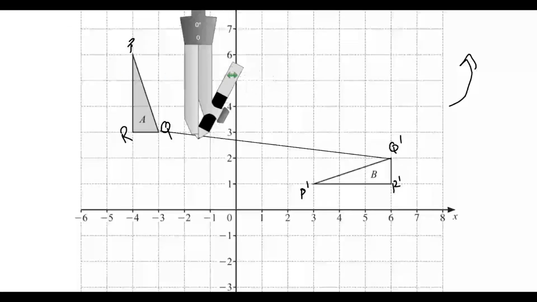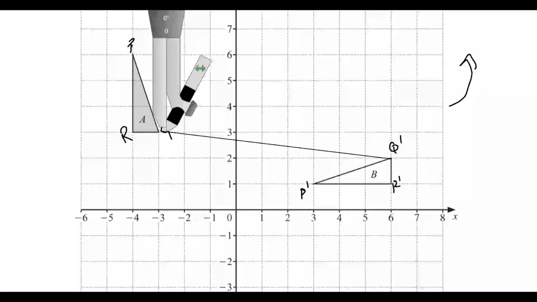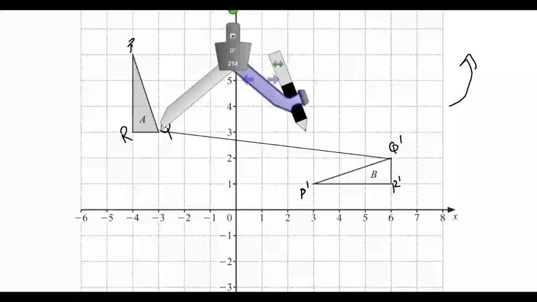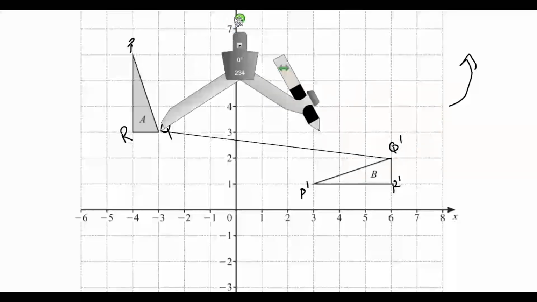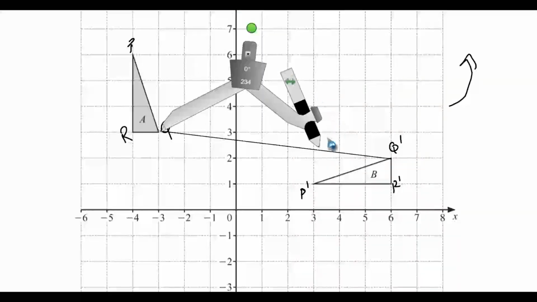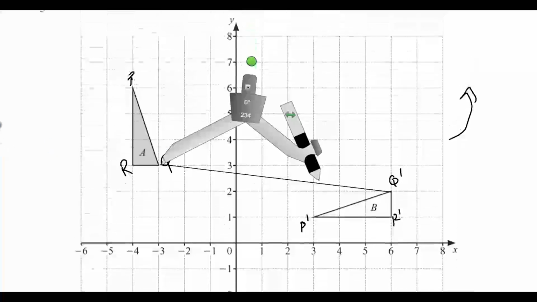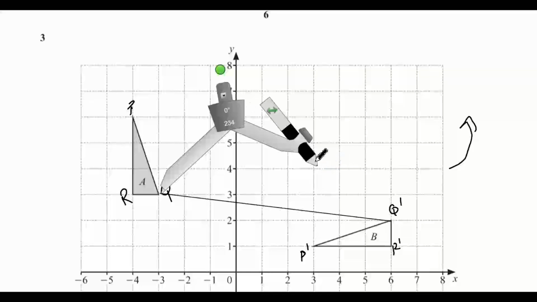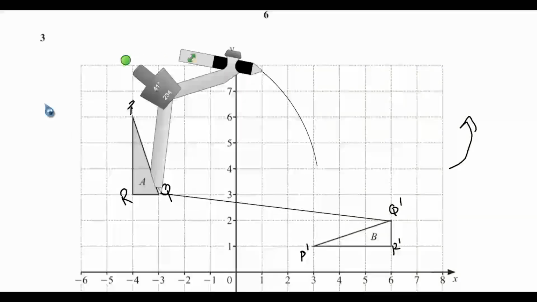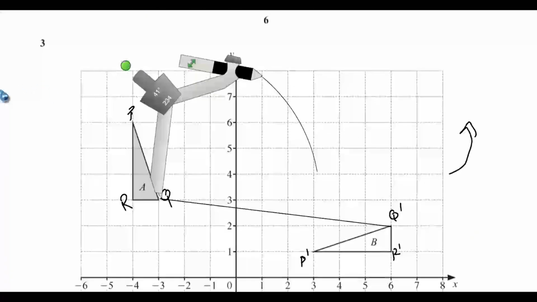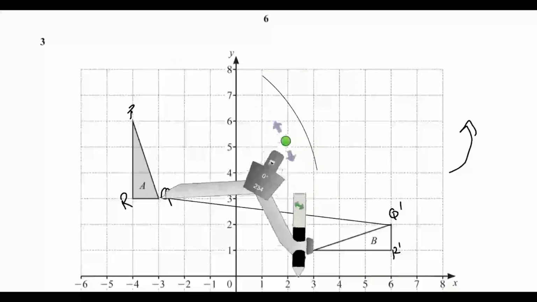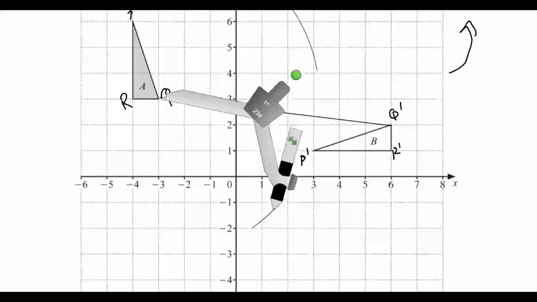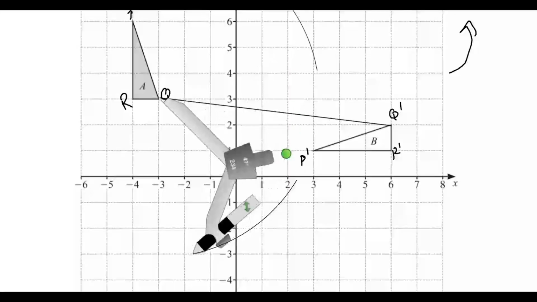We take center at Q, then take a radius that is more than half of the line. We need to draw an arc up and down. Let's roll up a little bit. So this is good. Let's draw an arc up here, then we draw an arc down here. Let's draw another one here, so it will be somewhere around here like this.